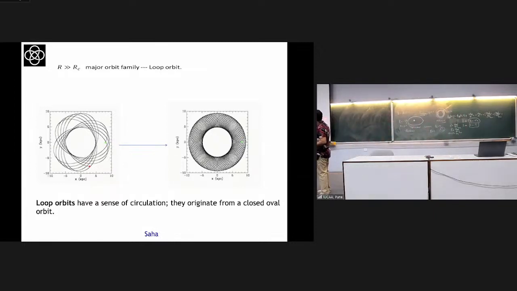You can start with any. This is a very simple task you can actually do in a simple Python program. You can do this, and you see at the end it almost seems like a three-dimensional tube. It's like a toroid. So this is called an orbital toroid also. And in an orbital toroid you can see that there is a thickness associated with it.